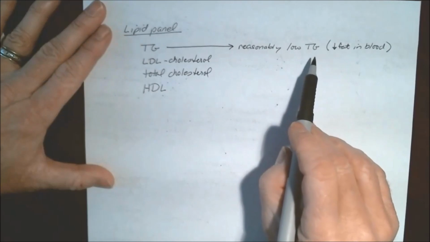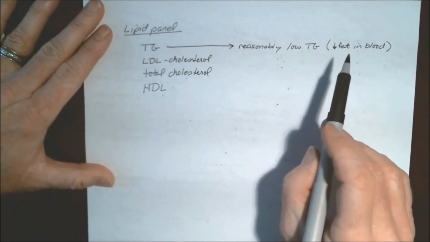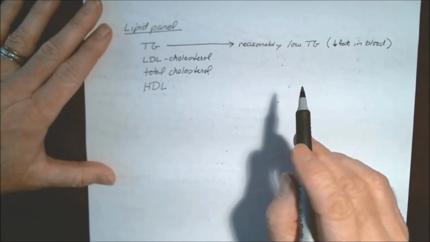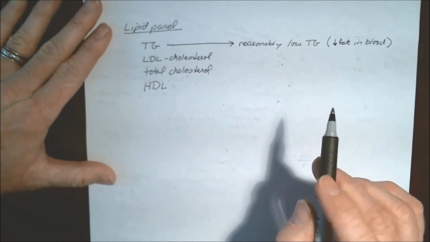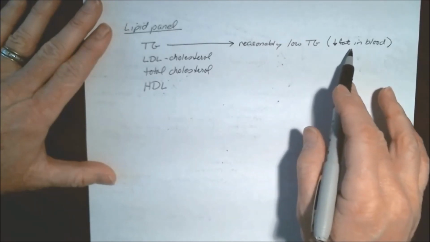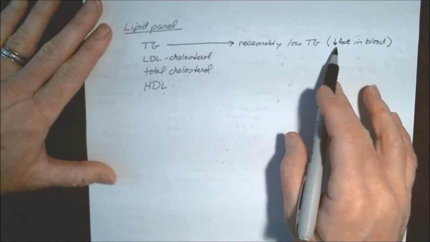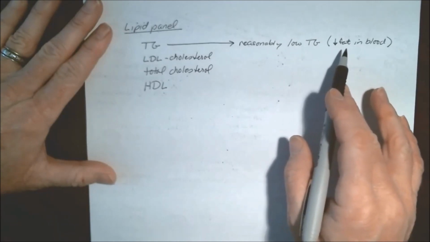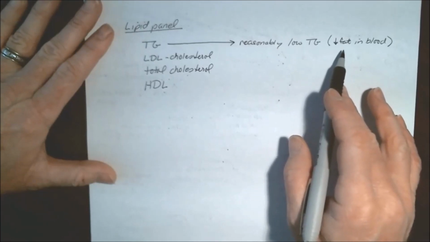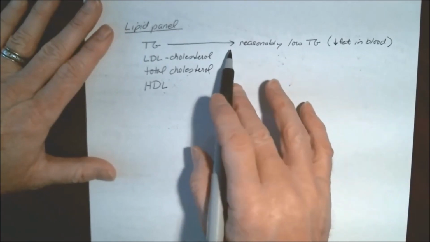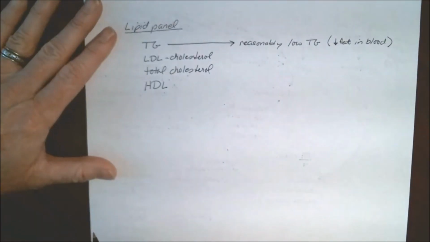Excess triglyceride indicates that you have too many chylomicrons, too many chylomicron remnants, and too much VLDL, which means that you have too much fat being taken up into your circulation by dietary sources, or too much fatty acid synthesis by your liver. So your triglyceride levels should be low.